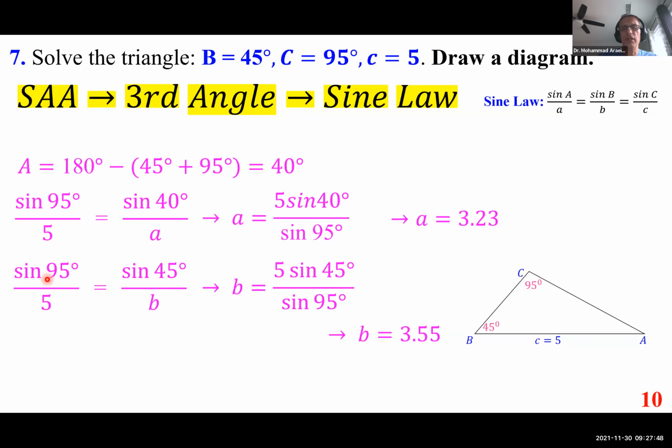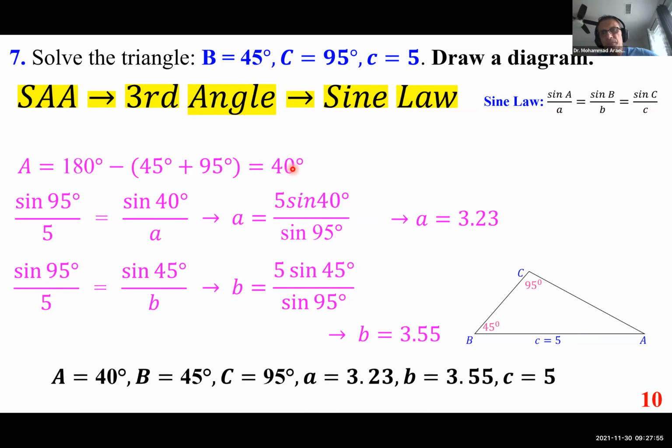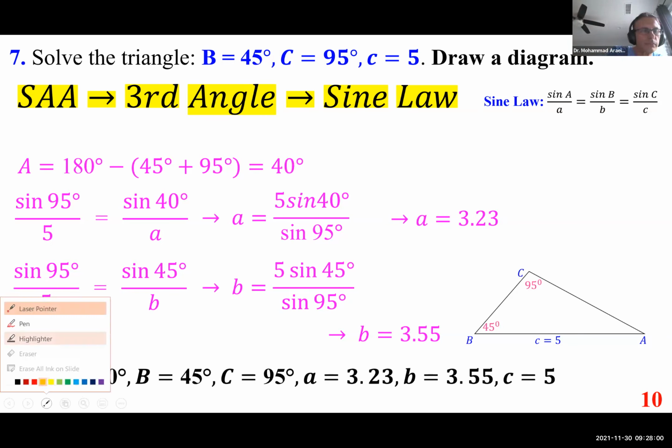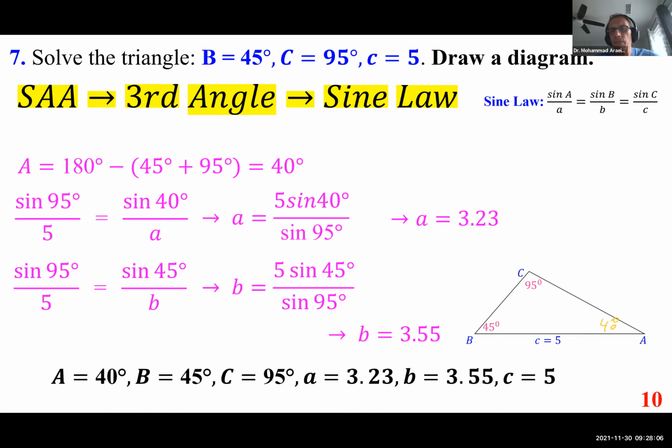So we have A, B, C. We have two angles. We got the third angle. Let's just write everything we have. So what you can do, of course, you can write them right here if you like. 40 degrees, this is lowercase b, and lowercase a.